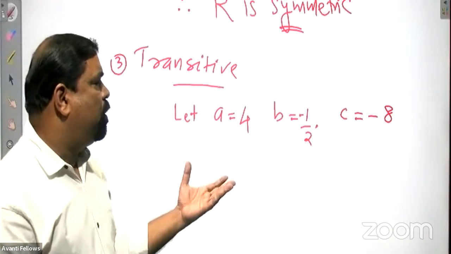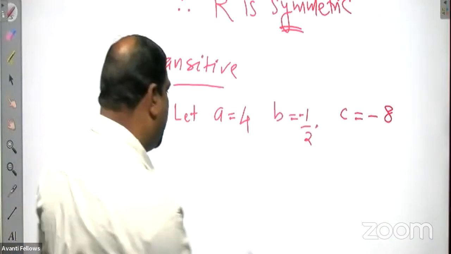If I take A equal to 4, B equal to minus 1 by 2, C equal to minus 8, let's see.